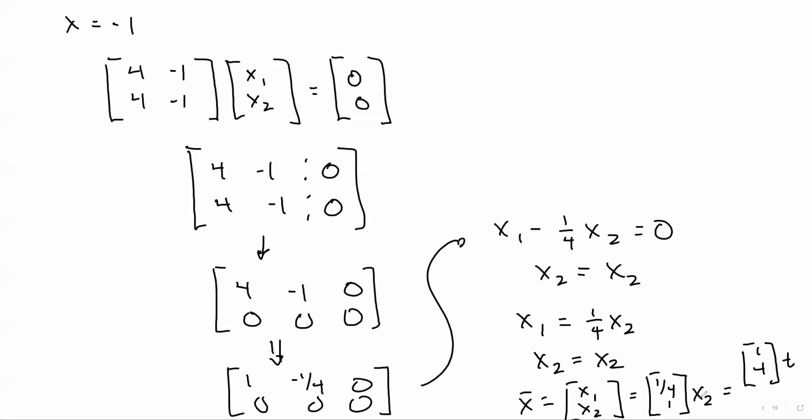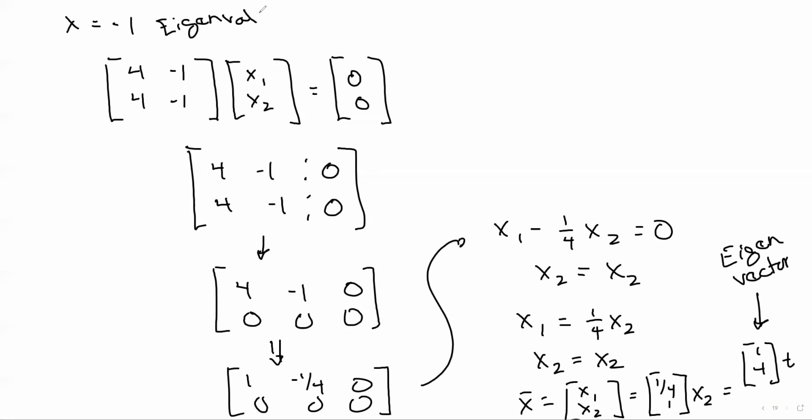Basically, x2 is 4 times t, and so we went through and did a substitution to clean up the vector and make it look nicer. Okay, and so this is the eigenvector for the eigenvalue of -1.